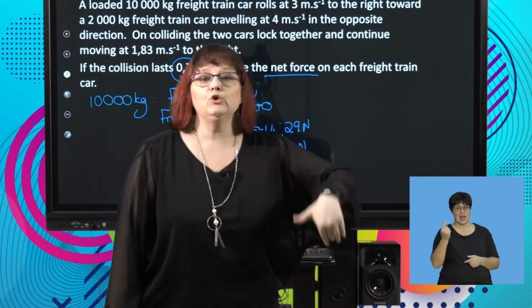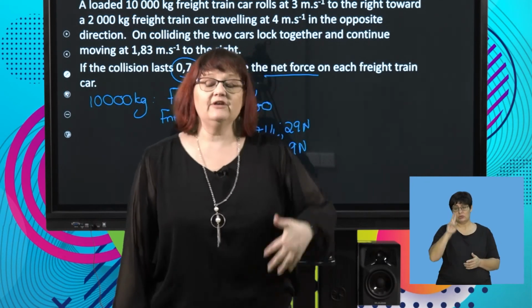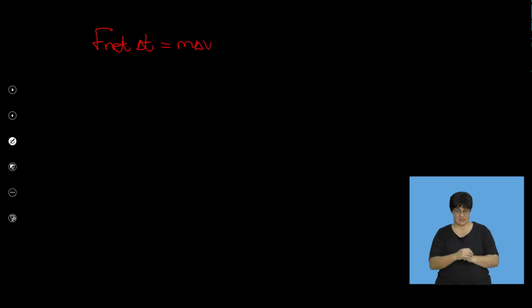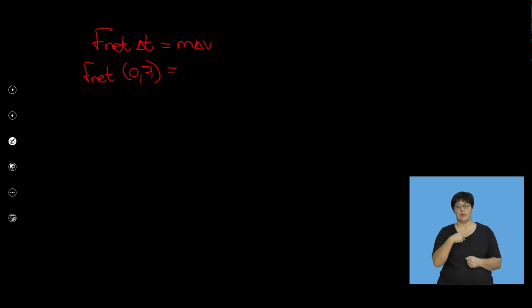But what if you'd used the other answer? What if you'd used the answer to the 2,000 kilogram truck? That's fine. If we look at the 2,000 kilogram one, so we know F net delta T equals M delta V. And for the 2,000 kilogram truck, we still know this is 0.7, but we worked this out to be 11,660.